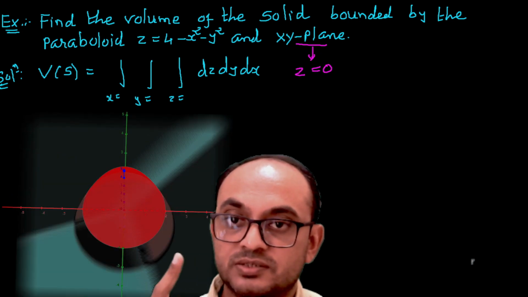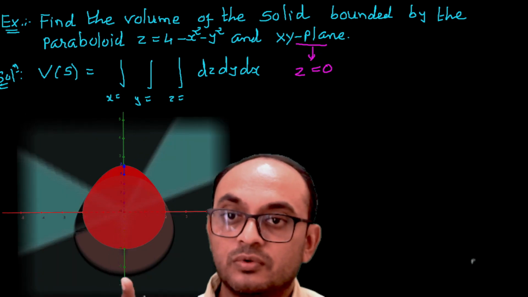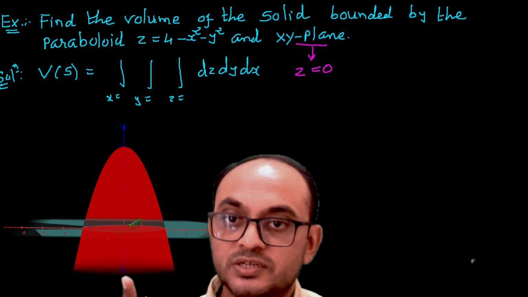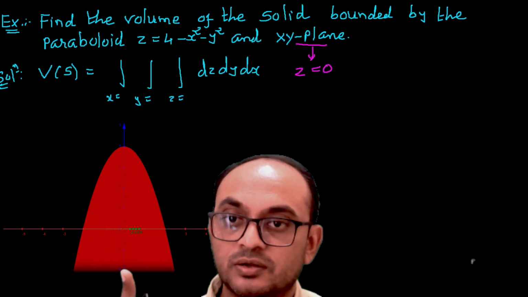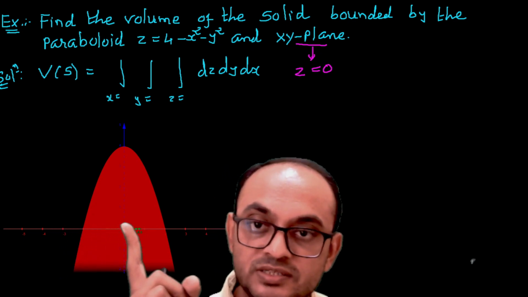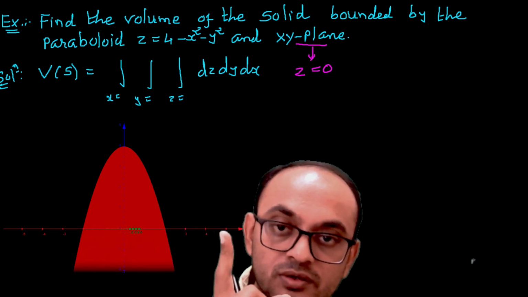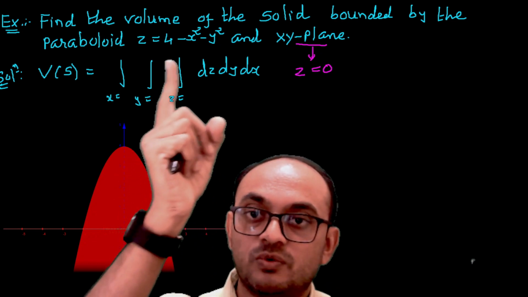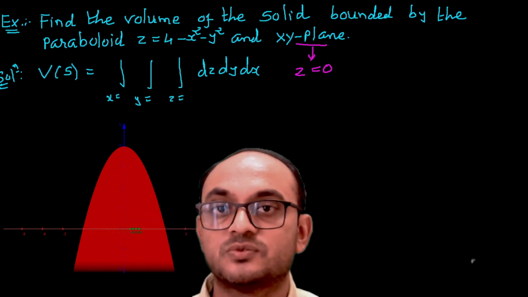Now what we have to do? Let me show you in this way. So this is the z equal to 0 plane and this is our surface z equal to 4 minus x square minus y square.